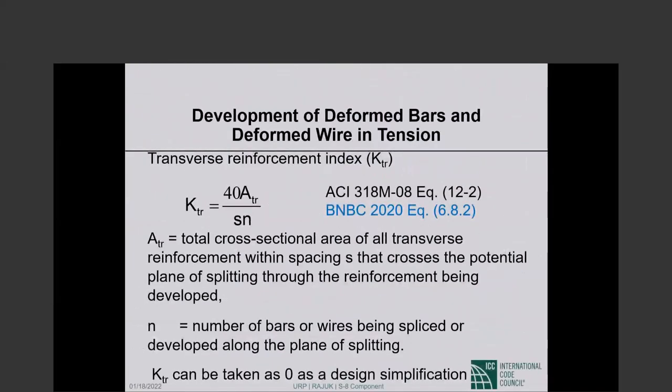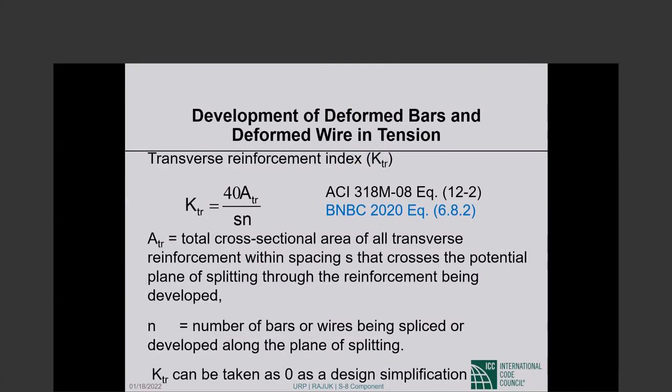Okay. K sub TR is 40, a constant, times A sub TR divided by S and N. Okay, A sub TR. All the details will not register, so I will not try to over explain everything, but anyway, just try to get a flavor of what this is.